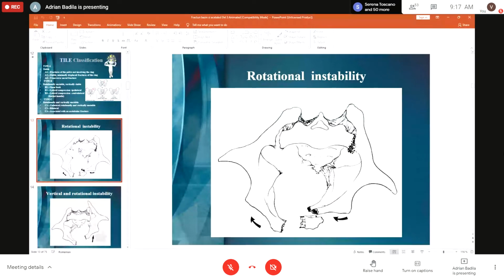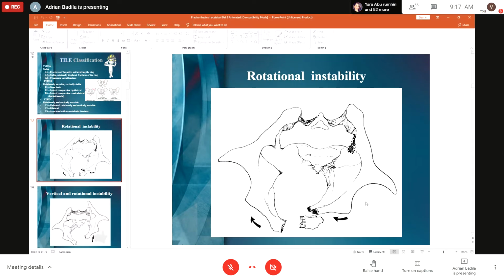Let's try to explain what rotational instability and vertical instability mean. We have this fracture. In the front we have a dislocation at the level of the pubic symphysis, and this double fracture at the level of the foramen obturatum.